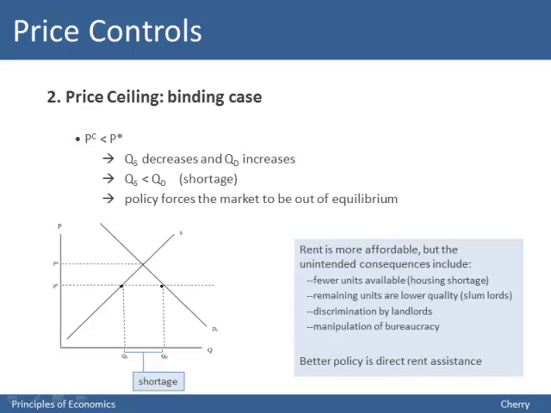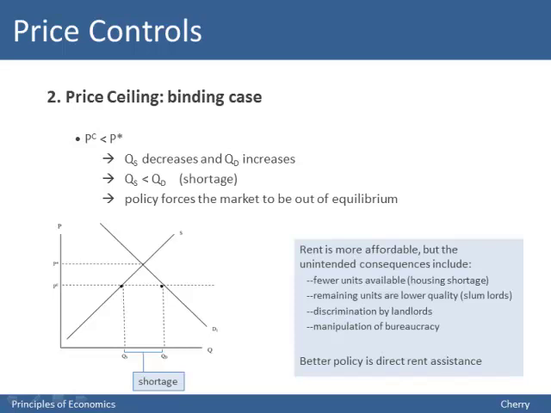Maybe they're trying to get around that rent control. Or maybe it's not profitable at that rent control amount, so maybe they'll tear the building down and just have parking. All right, so you'll see the quantity supplied, or the number of units on the market, decrease with a binding price ceiling.